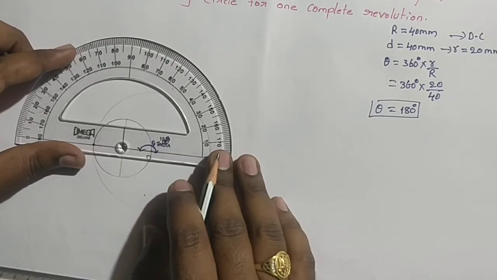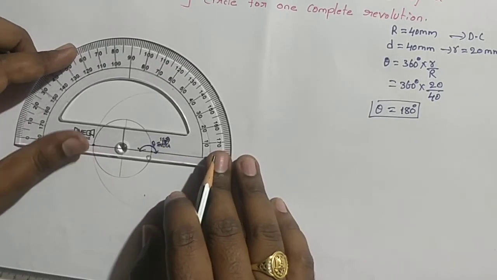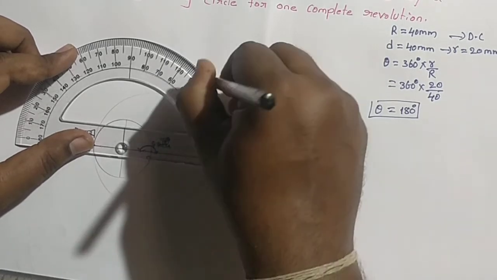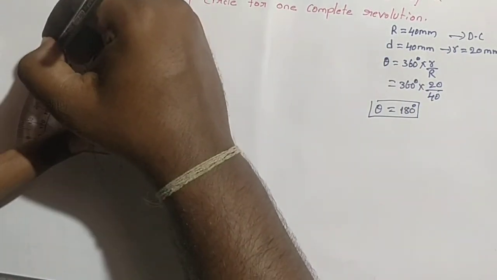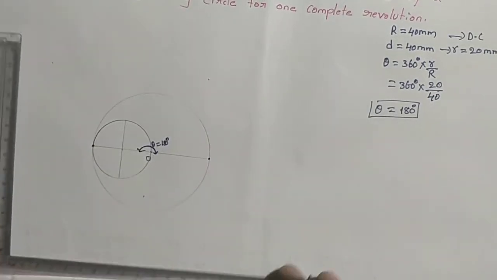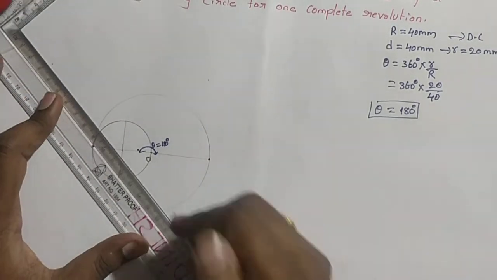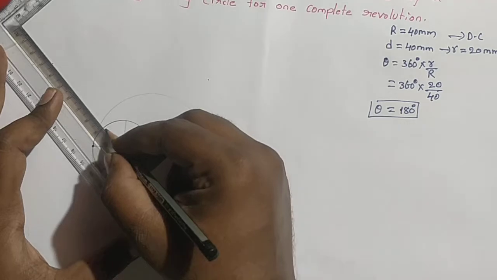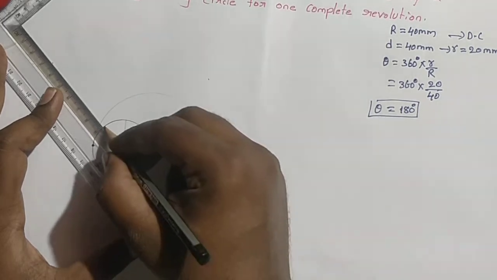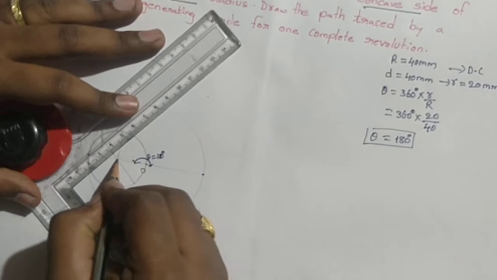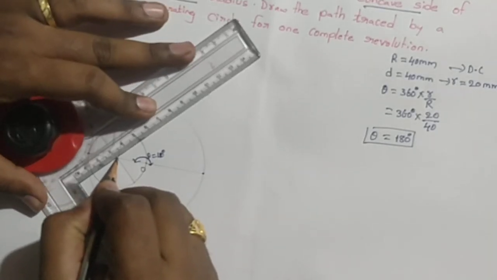For that I am marking 45 degrees on this side and this side also. Next, draw the 45 degree inclined line from the center of the generating circle, so that the circle is divided into 8 equal parts.